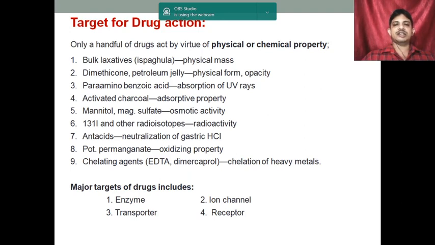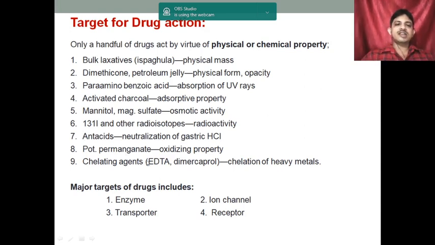When used in antidiarrheal conditions, it absorbs water and acts by its physical property. For example, antacids neutralize gastric acid because they are basic in nature. So that is a chemical property.